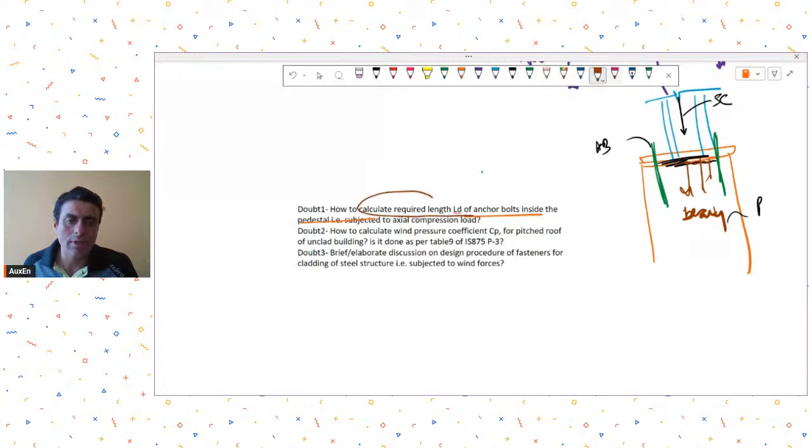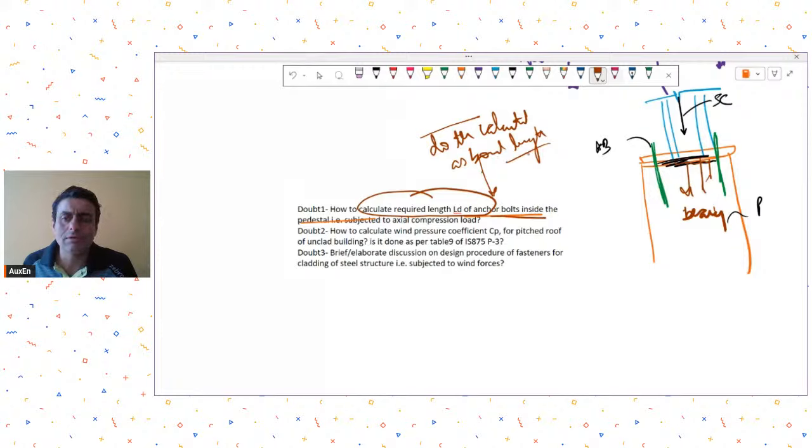So how to calculate the required length of anchor bolt for this? You could just do the calculation as per the bond length criteria given. Although, as I told you, in a pure compression case, anchor bolts will not be subjected to any forces, is our assumption. But still, you could provide the bond length for anchor bolts in compression similar to the bond length calculations that we do for reinforcements.